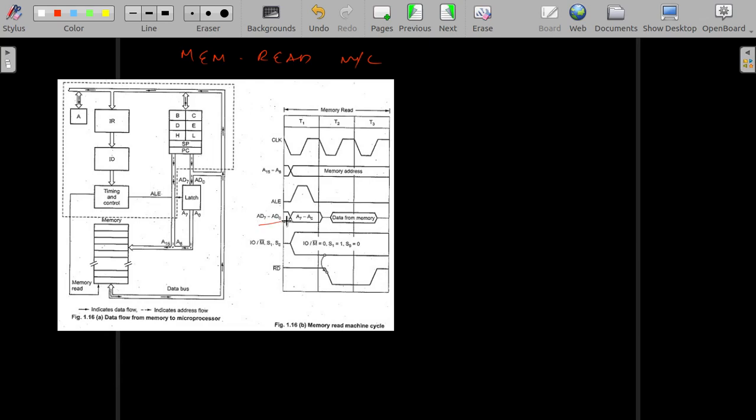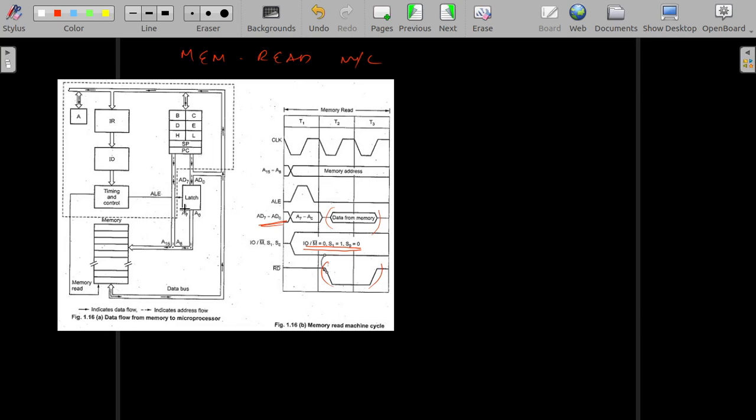The thing to notice is the combination of IO bar M bar and S1 and S0. Similarly, during this part, when the memory is being read, the read pin is enabled. That is to be noted.